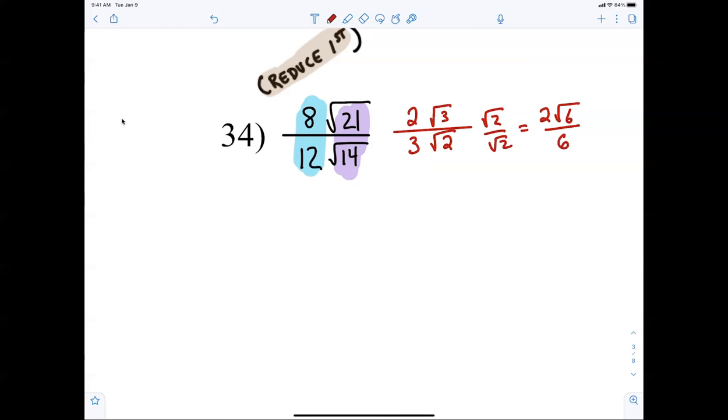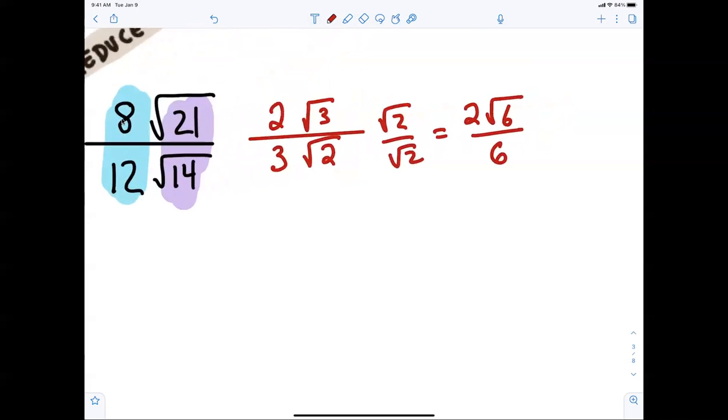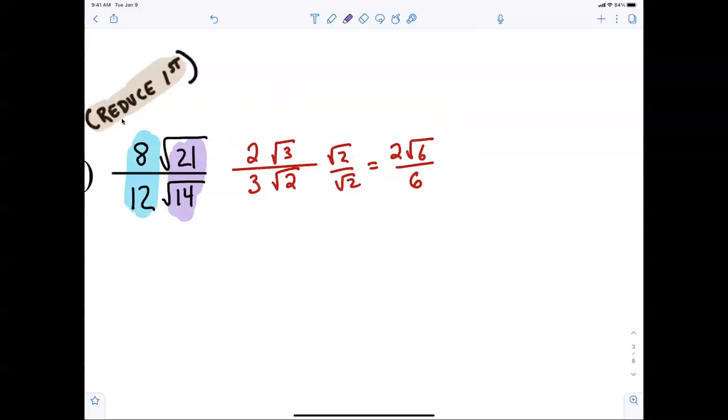Now can I reduce? Yes, you can reduce 6 over 2, the 2 and the radical 6. So that just becomes radical 6 over 3. Everybody good with that?